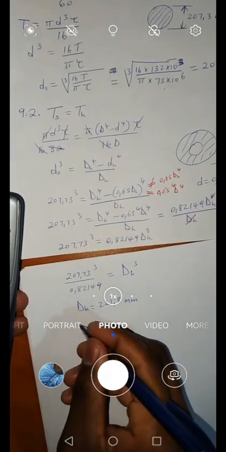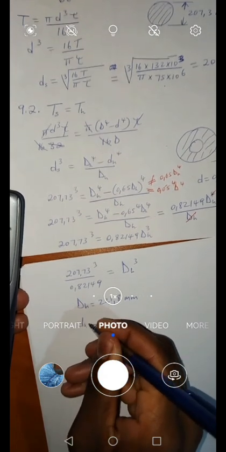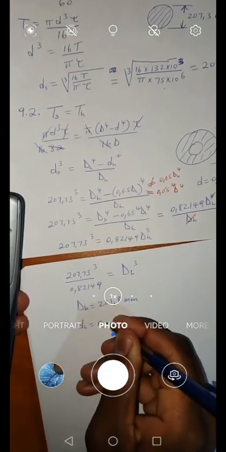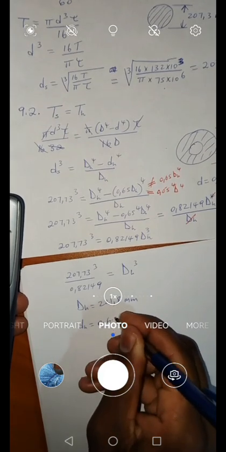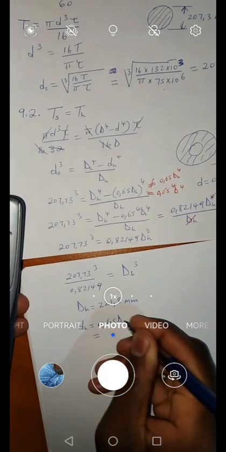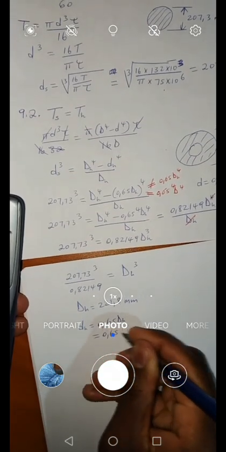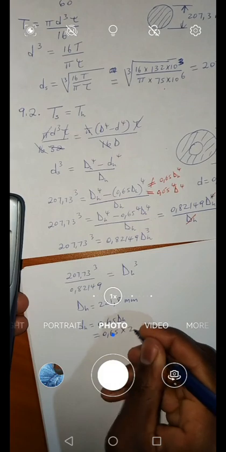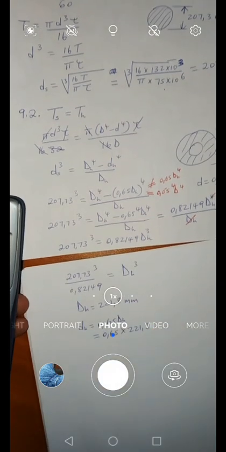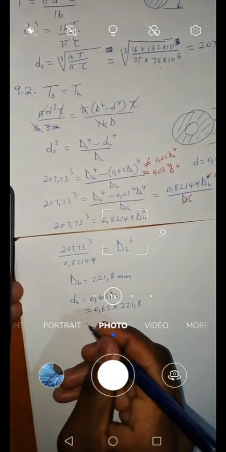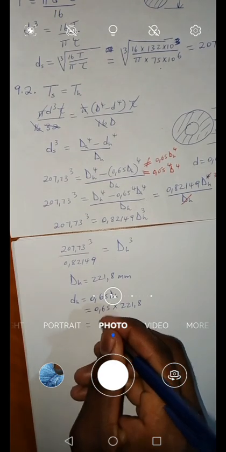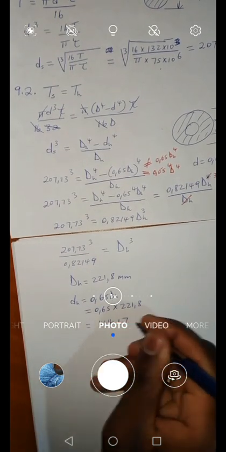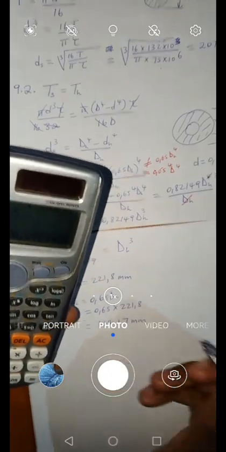Then from there, the small d of the hollow shaft will be equals to 0.65 d. Then you will have 0.65 multiplied by 221.8. Then you will remain with 144.17 millimeter.